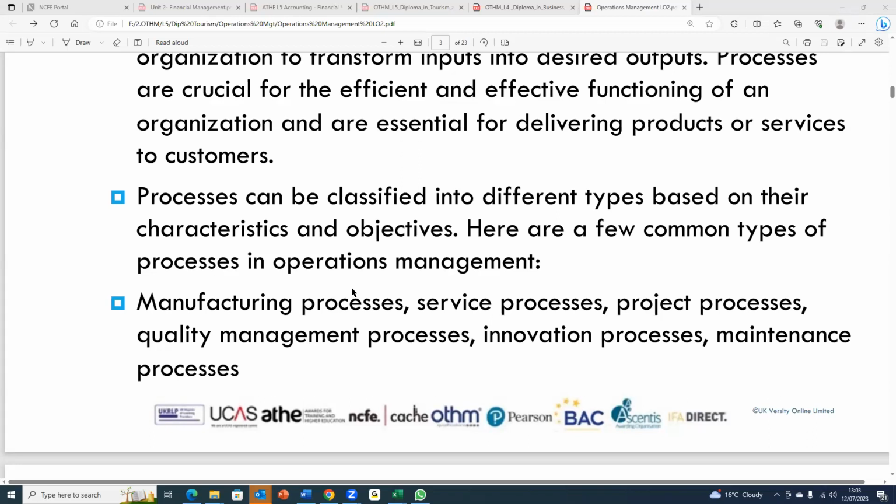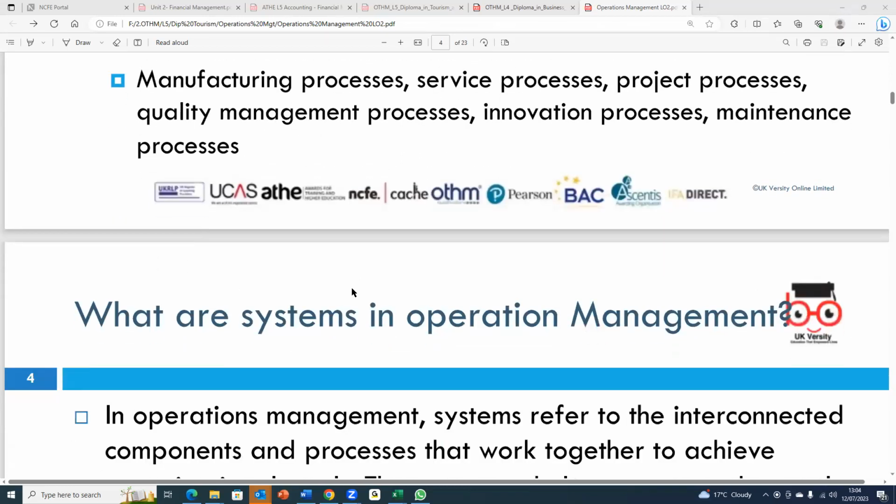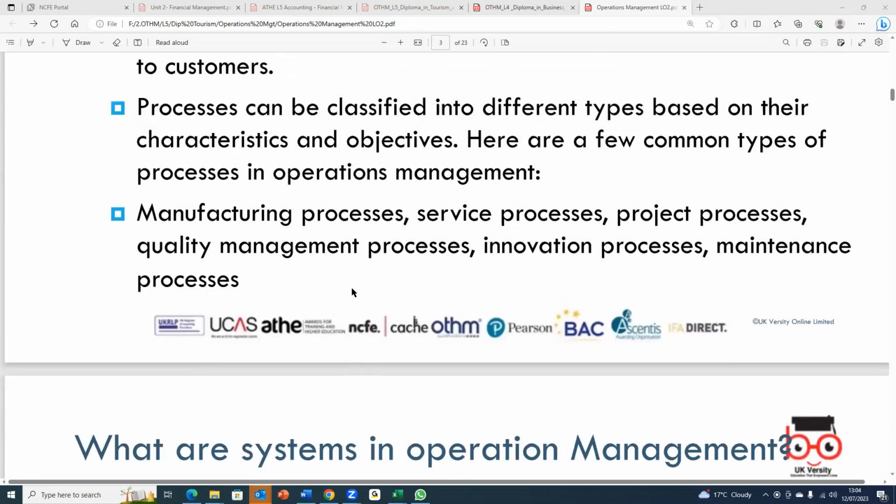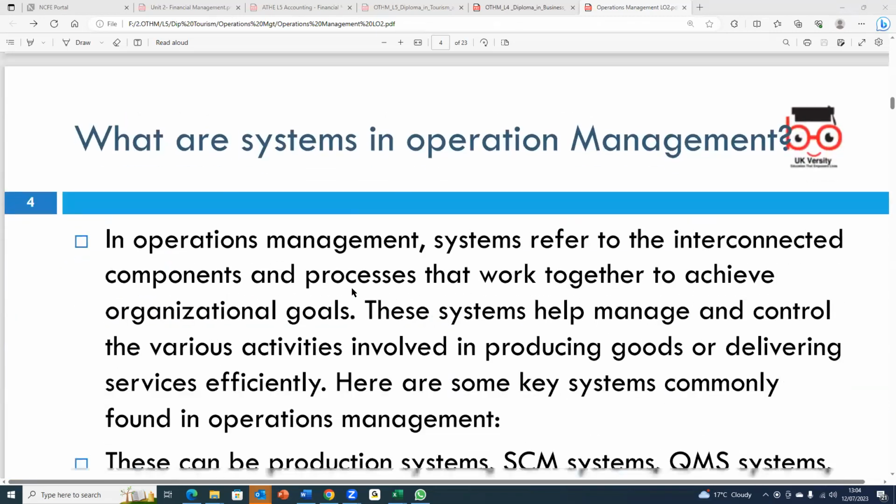There are different types of processes in operations management. For example, you have maintenance processes, service processes, and manufacturing or quality processes, like quality circles. So there are different types of processes that are used in operations management, right?